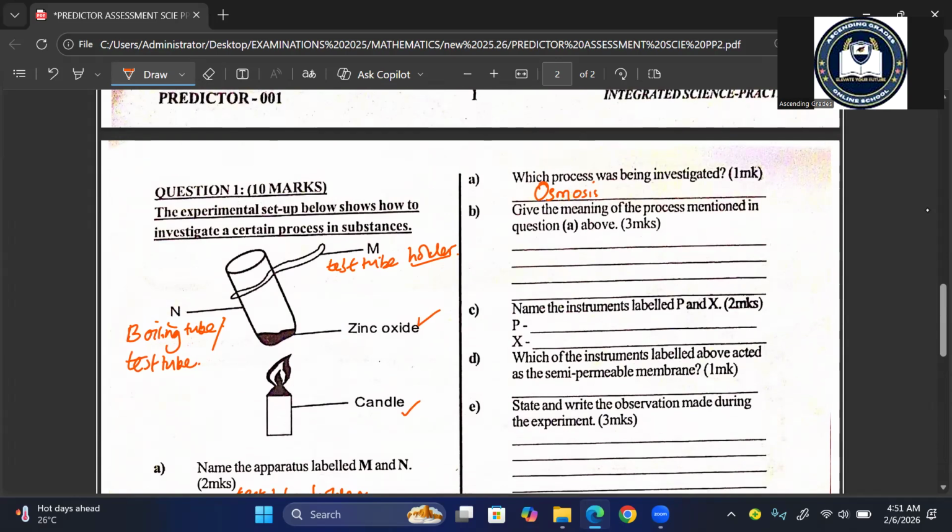Give the meaning of the process mentioned. So we are told now to define osmosis.